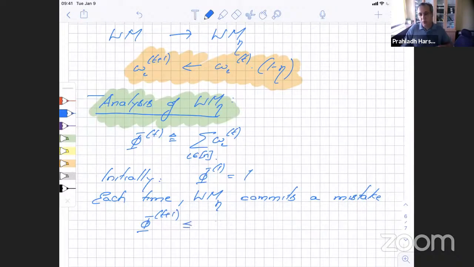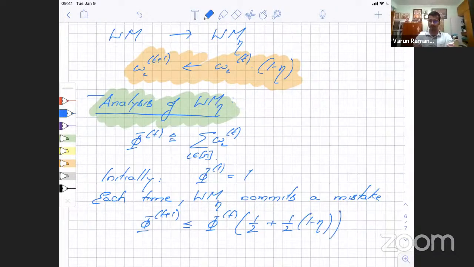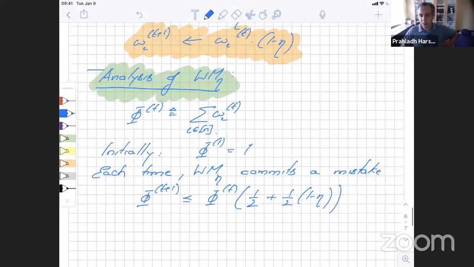So what is it going to be now? Half of it will remain, possibly plus 1. The other half, what happens? It reduces by a factor 1 minus eta. Therefore, phi t falls by a factor 1 minus eta by 2, not 3/4. Eta being half was the case which we were looking at.